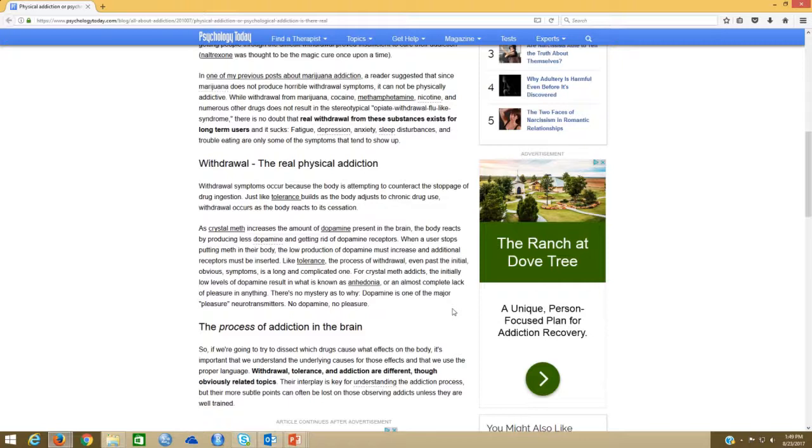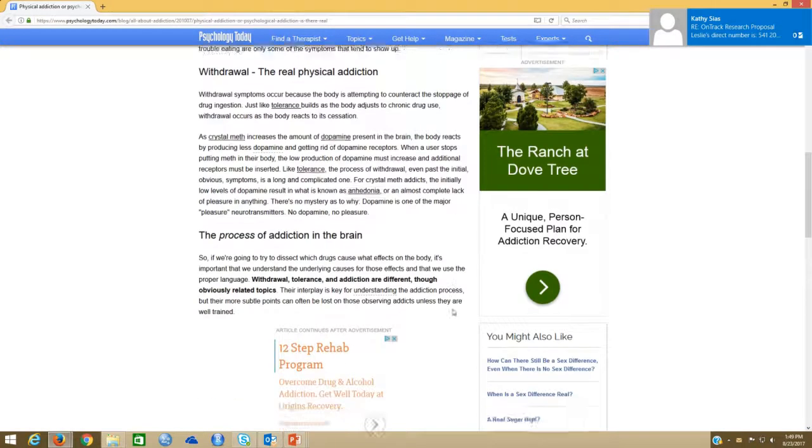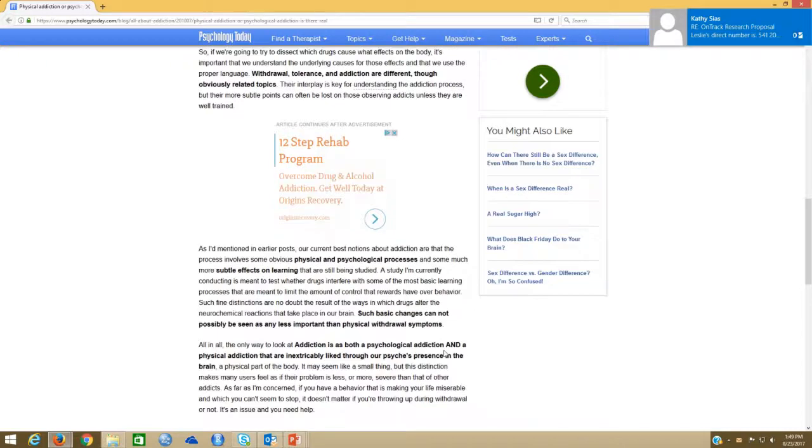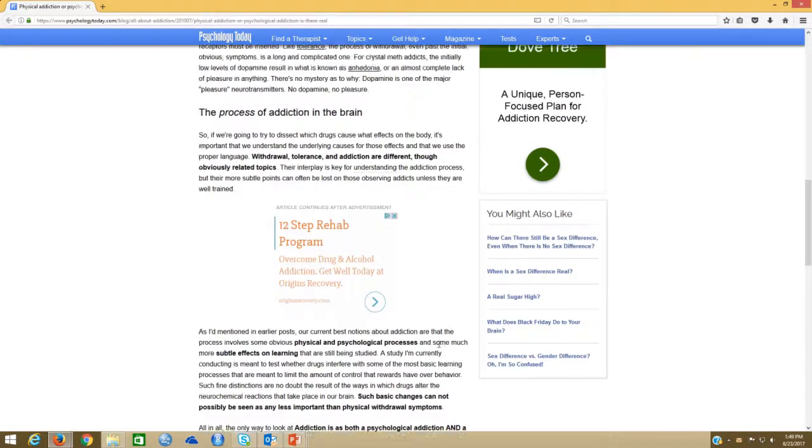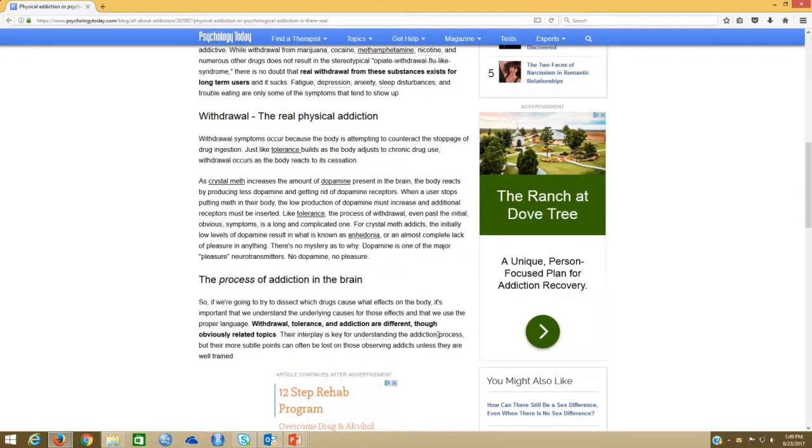Psychological addictions, on the other hand, he makes the point in this article, also have withdrawal. It may not be the long drawn out, extremely painful flu-like withdrawal that you would get from something like opiates. But he says that, make no mistake, even with a psychological addiction, people can experience withdrawal symptoms such as fatigue, depression, anxiety, sleep disturbances, and trouble eating.